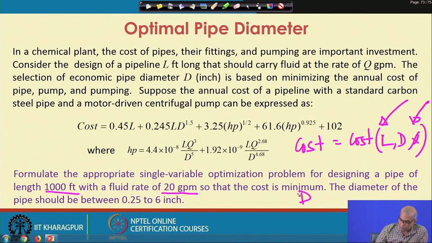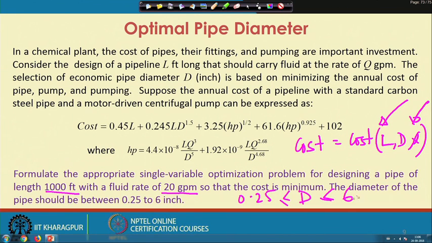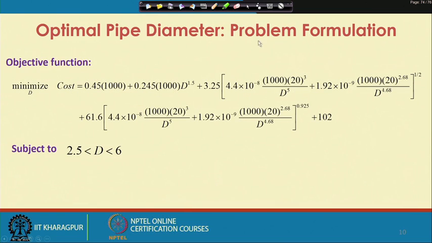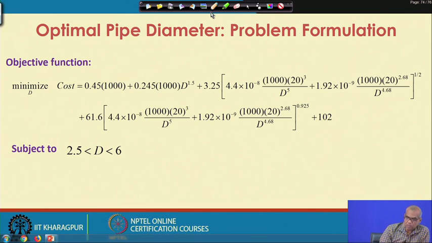So, the pipe diameter should be between 0.25 to 6 inch and the cost is given by this expression. So, it is now straightforward to identify the objective function. The objective function is nothing but the cost.